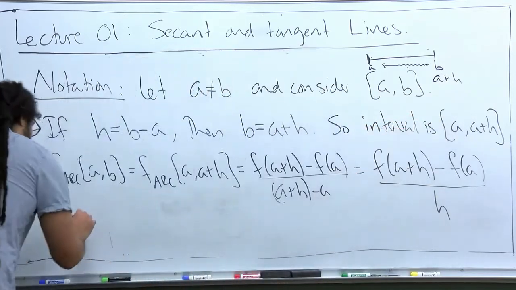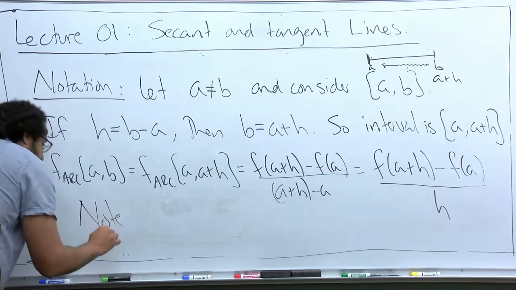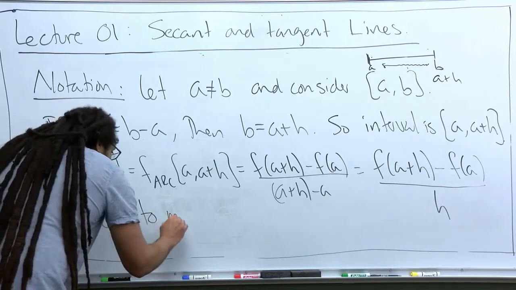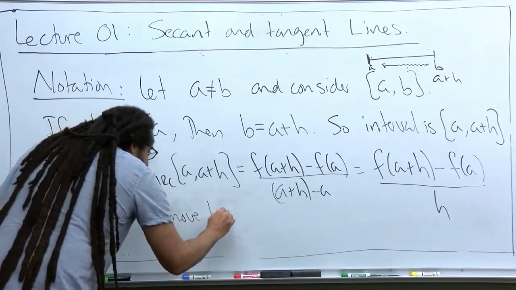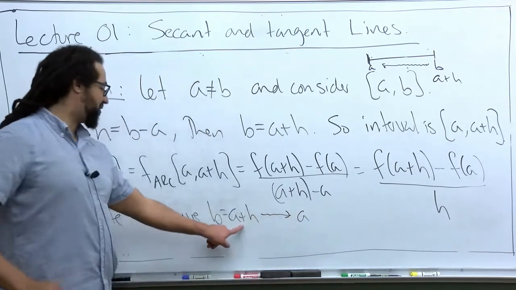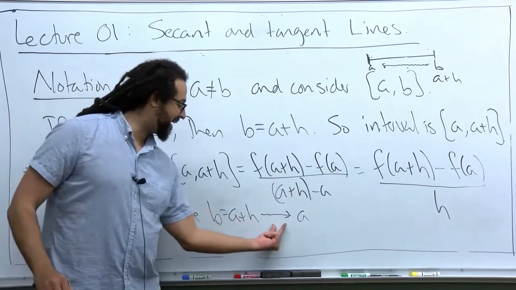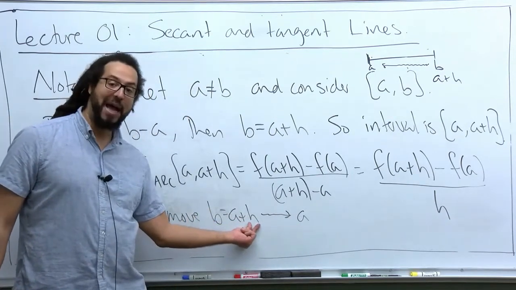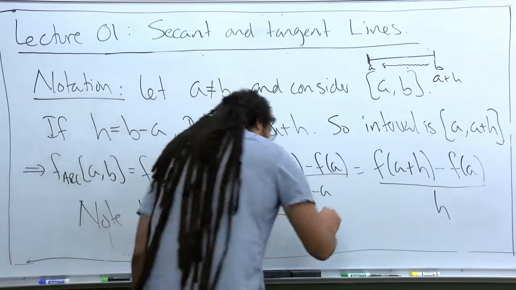So we should note that to move b equals a plus h towards a is the same thing as to move h closer to 0.